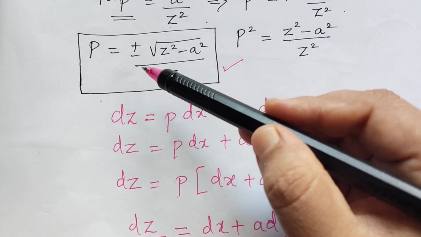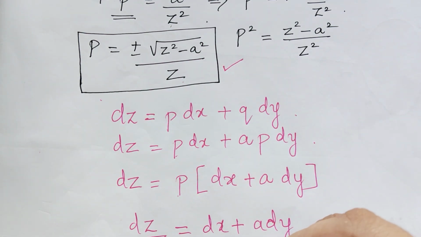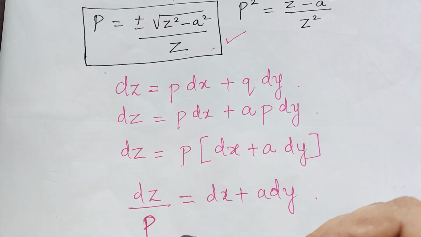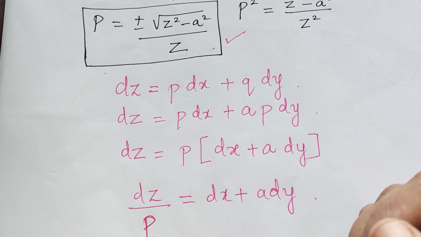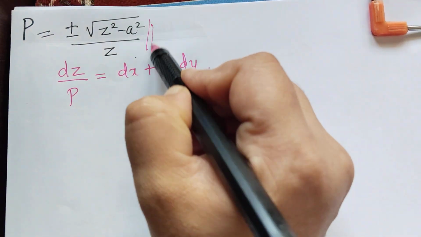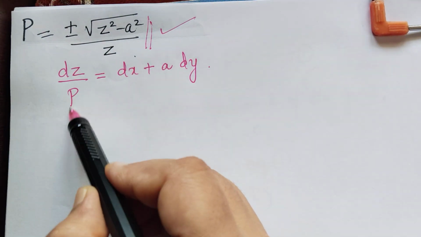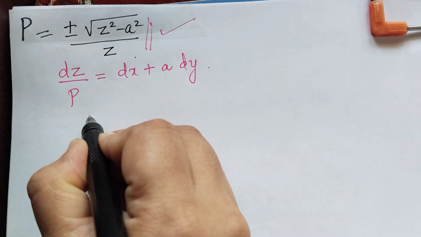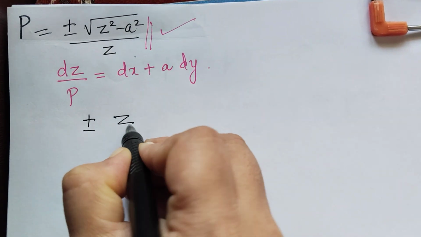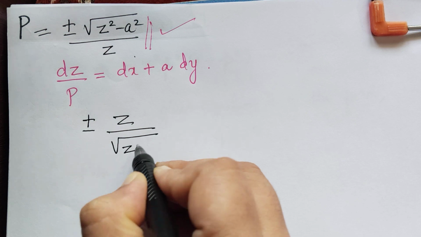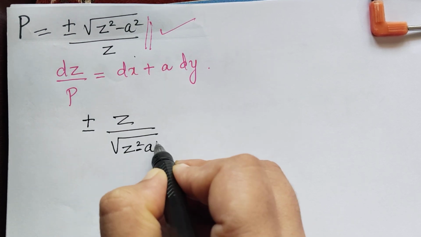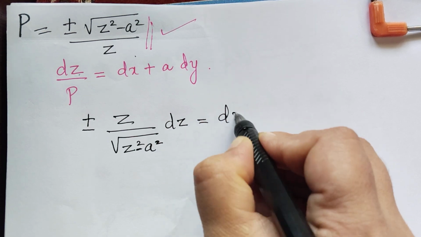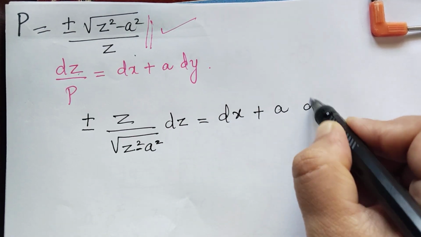So when we make the substitution of p over here, what we get is plus or minus z divided by square root of z squared minus a squared dz is equal to dx plus a dy.